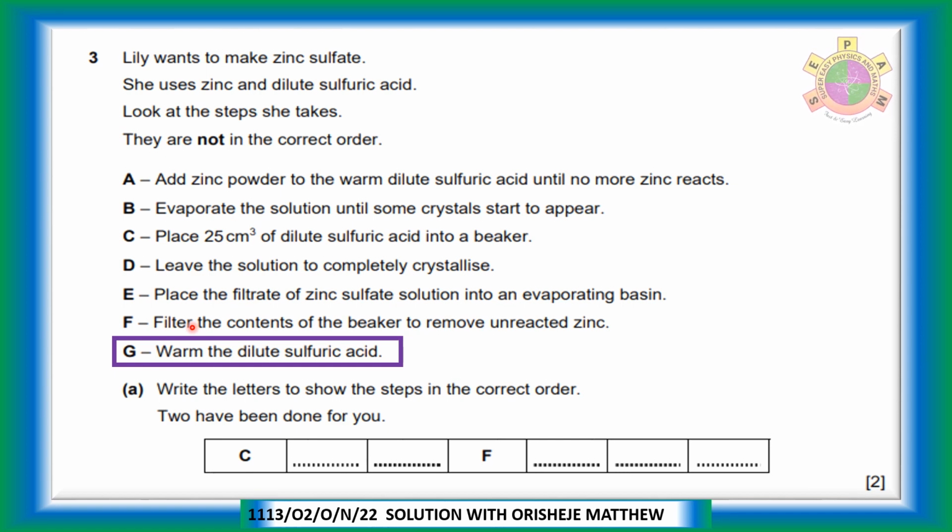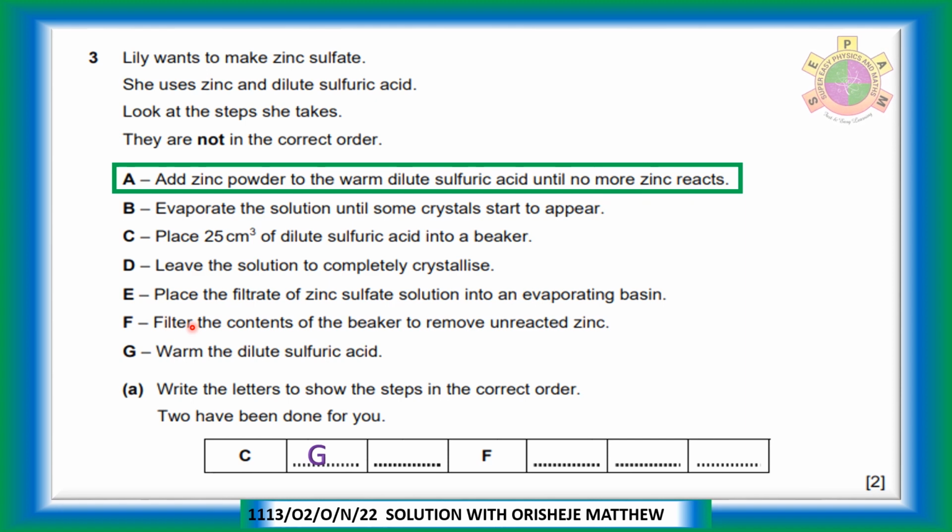So she warms it. After warming it, increasing the temperature, the next thing she will have to do is to add zinc powder. She adds zinc powder A to the warm dilute sulfuric acid until no more zinc reacts. So as a reaction is taking place, you have A.